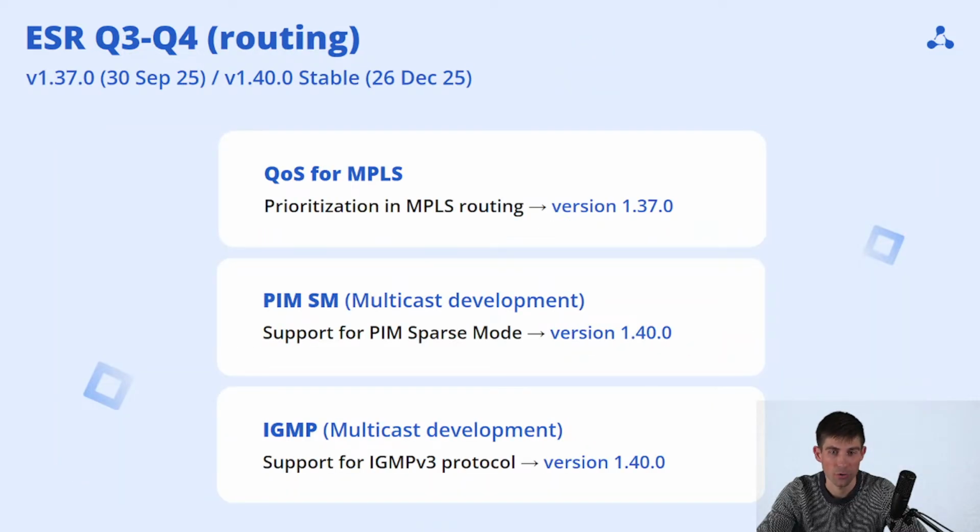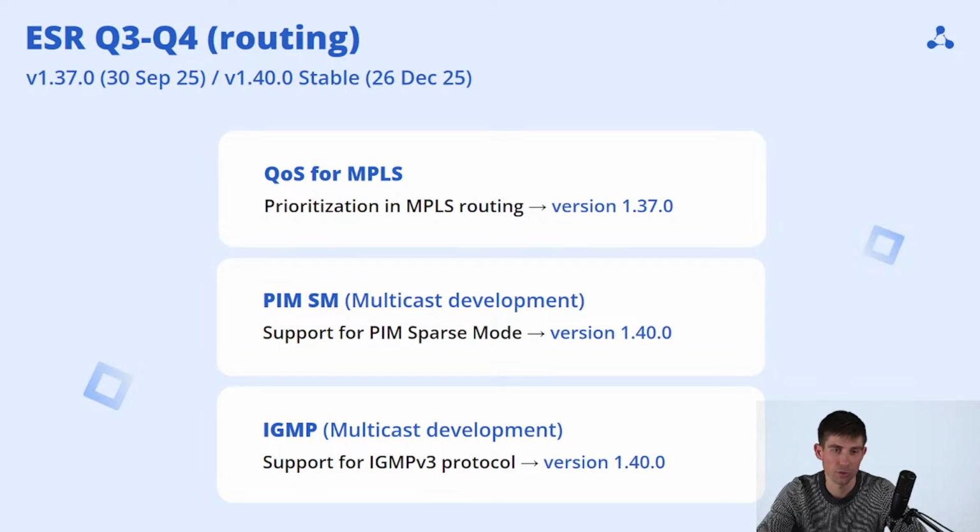As far as routing goes, QoS for MPLS feature, so a similar approach of priority queue structure, but implementation for MPLS routing is already available in version 1.37.